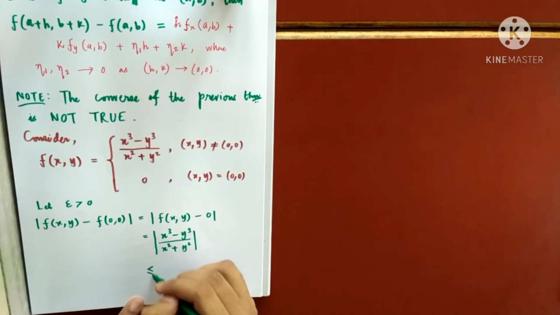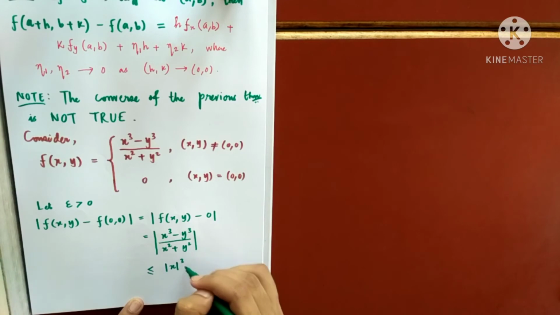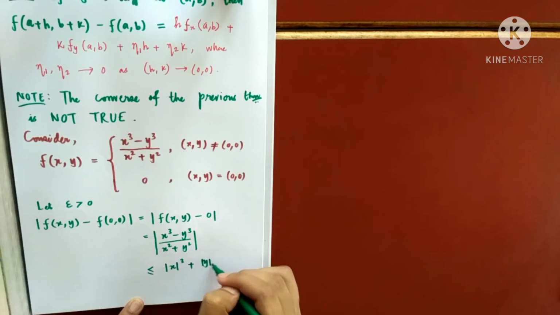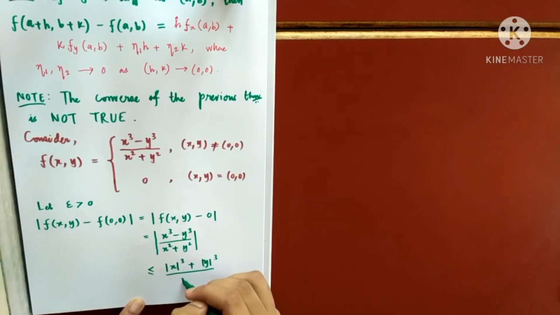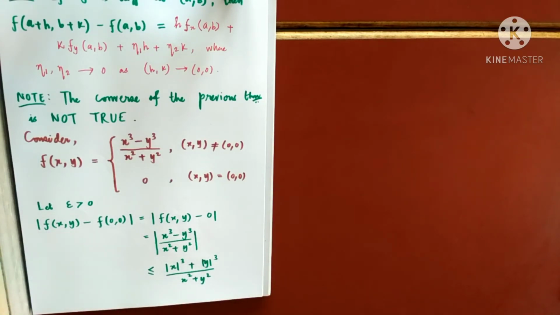So this is less than or equal to |x^3| plus |y^3|, and this is always positive, no need to write the mod. And you already know what to do next.